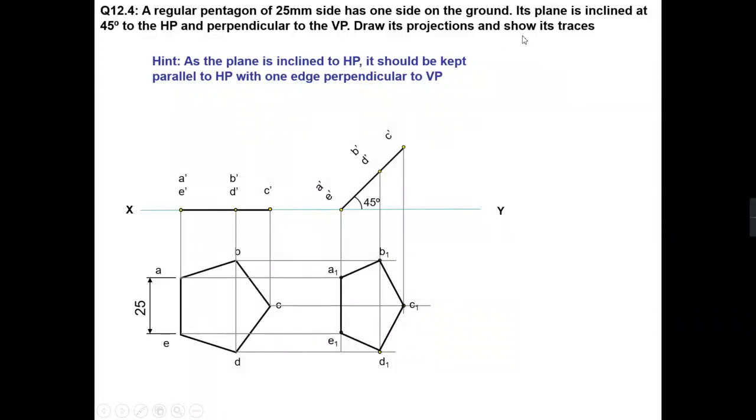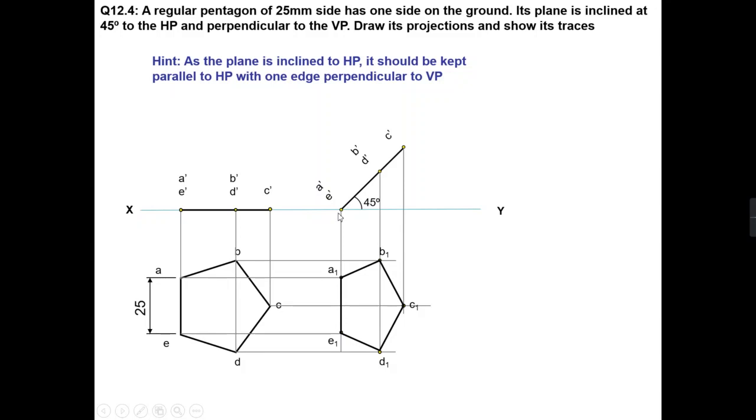In the question, it is also asked to show the traces. So what are traces? Where the line meets the plane, or in this case where you have a plane, meeting the horizontal plane or vertical plane, you will get the traces of the plane.